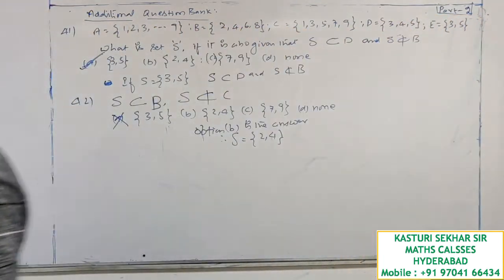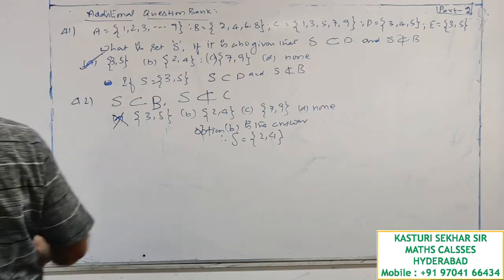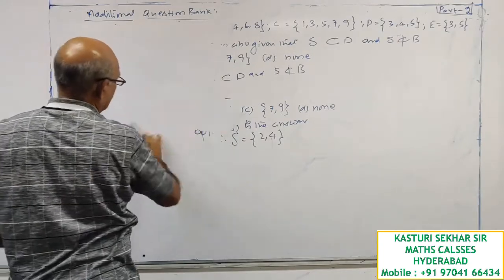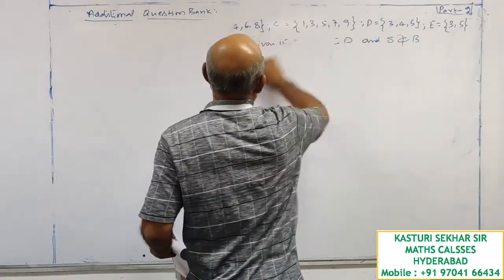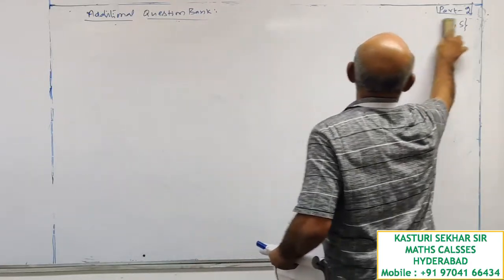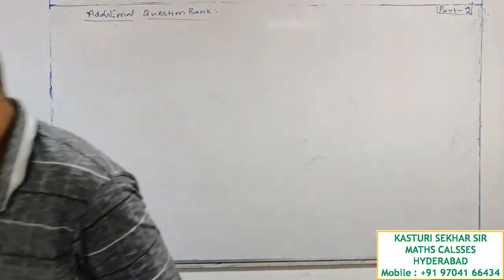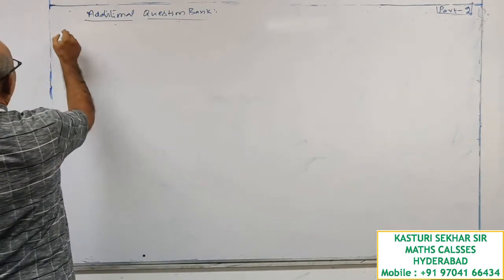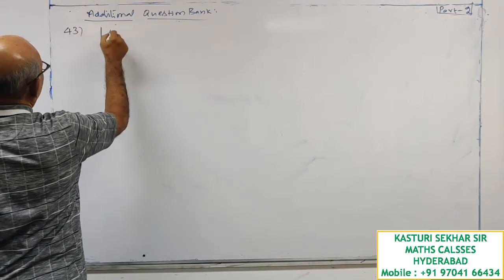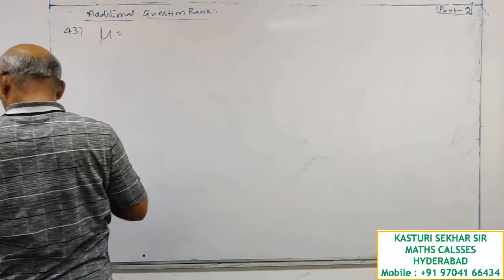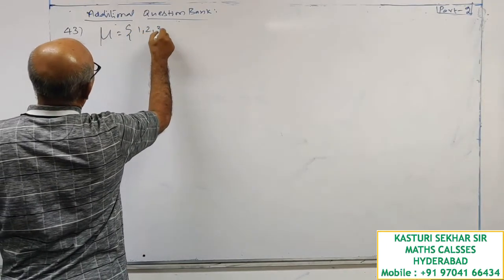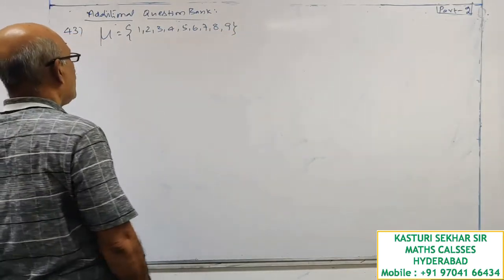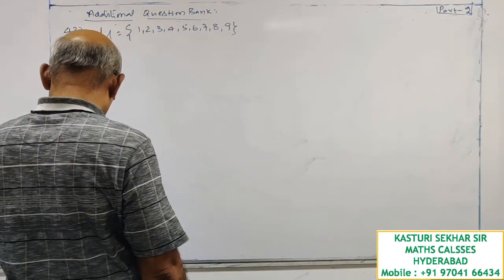Next, look at question number 43. Mu is a universal set with elements 1, 2, 3, 4, 5, 6, 7, 8, 9.